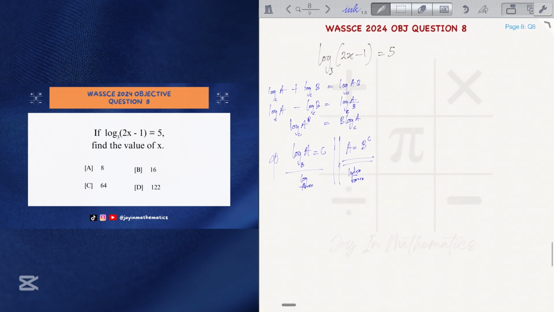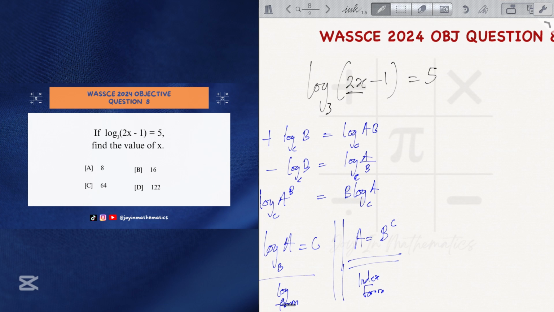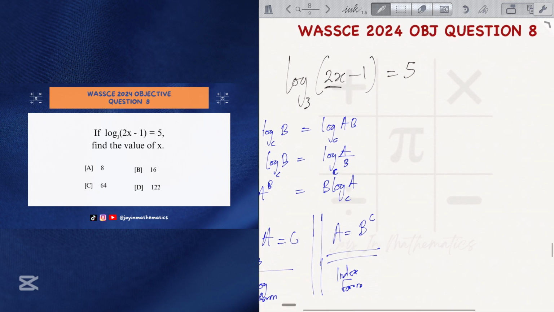So simplifying further, let's focus on the question. We want to look for the value of x, and to simplify this is like solving an indicial equation. So refer back to our YouTube video on indices and logarithm, where you learn about indicial equation. All we have to do now is to convert this to index form.